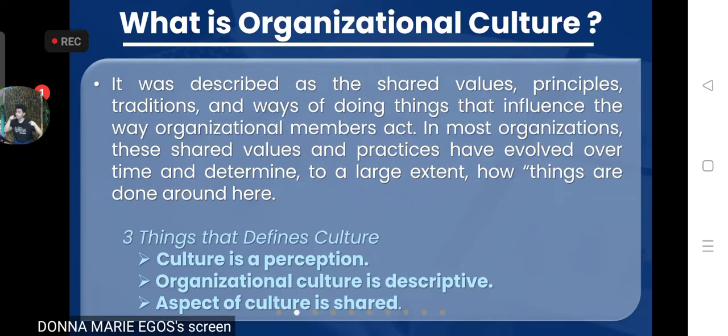And finally, even though individuals may have different backgrounds and work at different organizational levels, they tend to describe the organization's culture in similar terms. That's what we call the shared aspect of culture. Next slide, please.